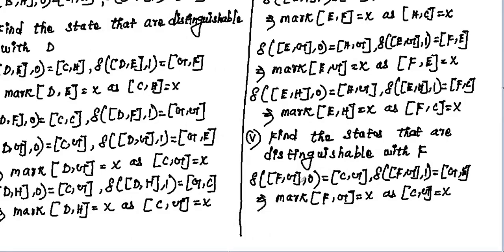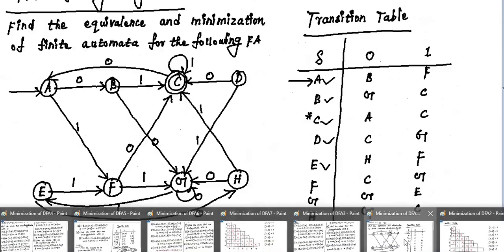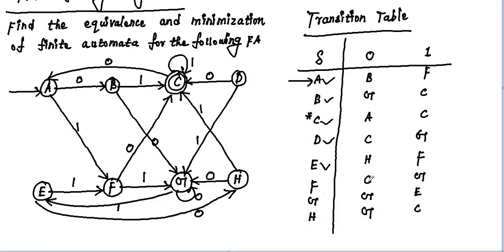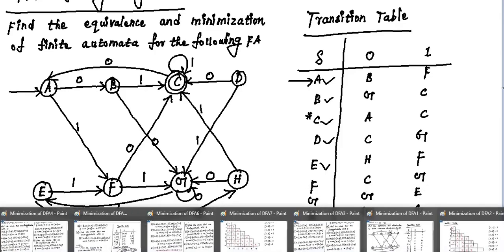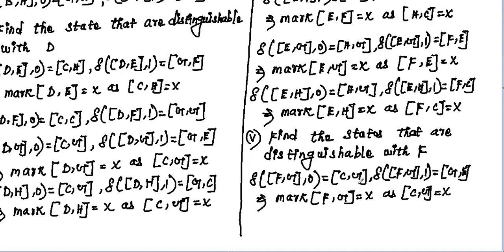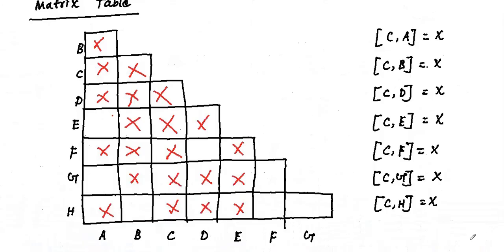So FG0, look at the transition table, FG0 is CG, FG1 is GE. Here you write CG, GE. In these two answers, CG we already put a cross mark, then mark FG equal to cross mark as CG is a cross mark. In this matrix table, here FG is a cross mark.